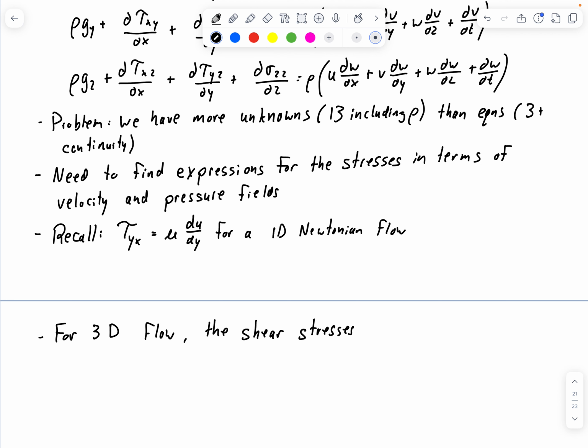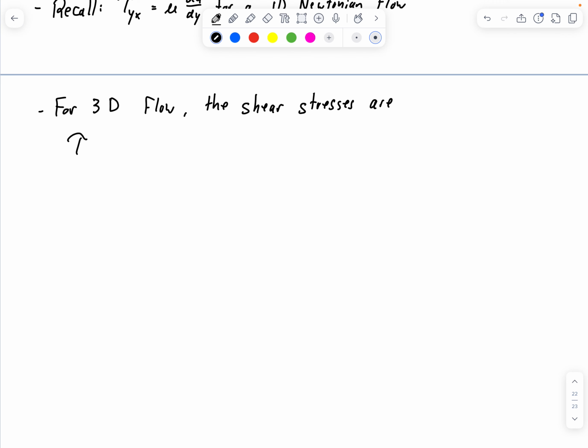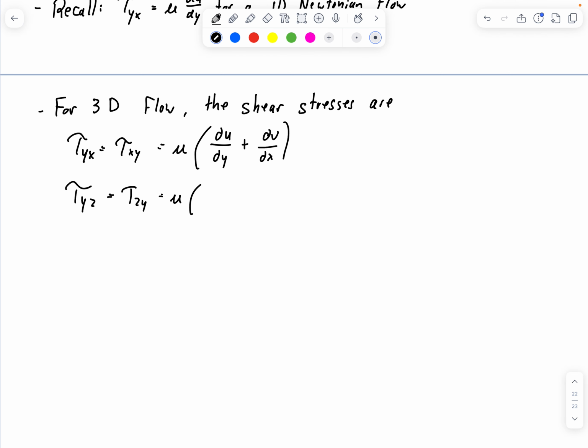So for 3D flow, the shear stresses are as follows. So we have tau sub yx is equal to tau sub xy, it turns out, they're the same, is equal to mu times del u by del y plus del v by del x. We can similarly write down that tau of yz, which is equal to tau of zy, is equal to mu times del v by del z plus del w by del y.